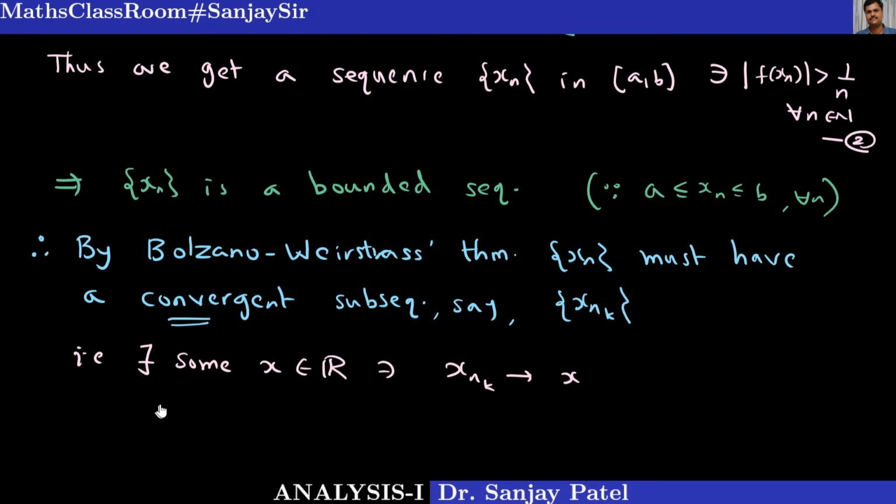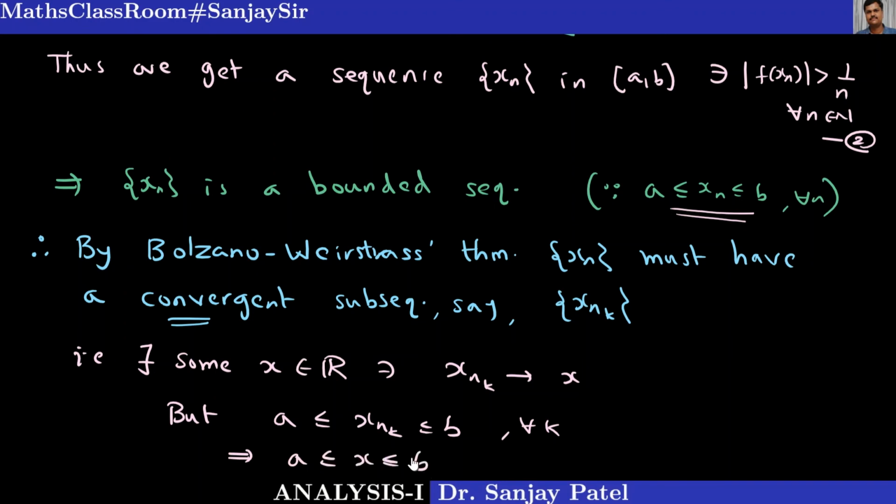But a is less than or equal to xnk less than or equal to b for every k, because all terms of the sequence lie between a and b. So all terms of the subsequence are also between a and b, and therefore the limit of the subsequence is also between a and b.